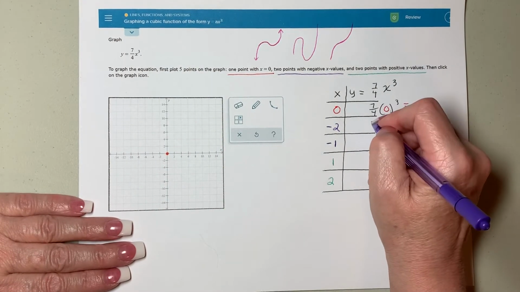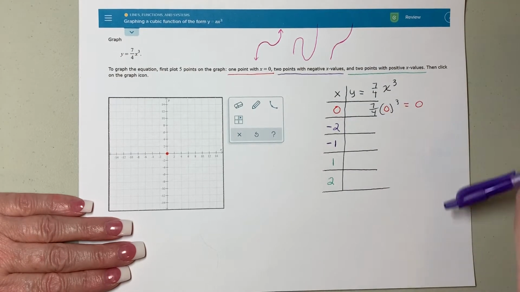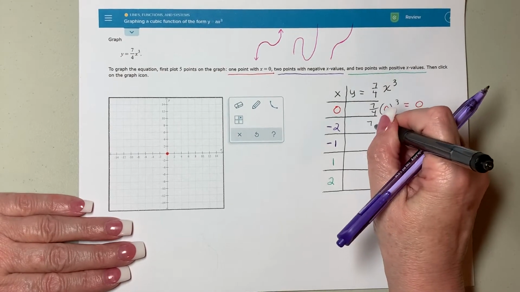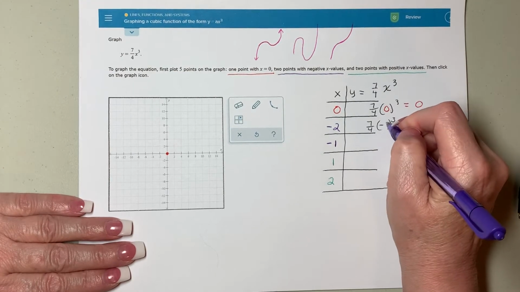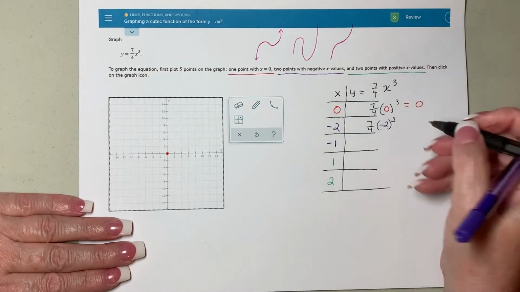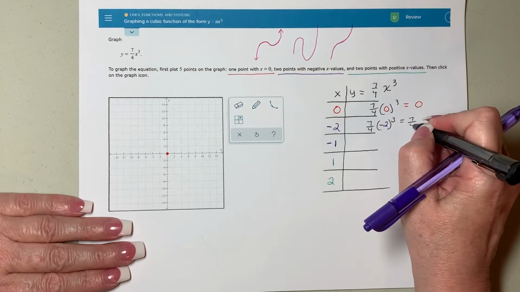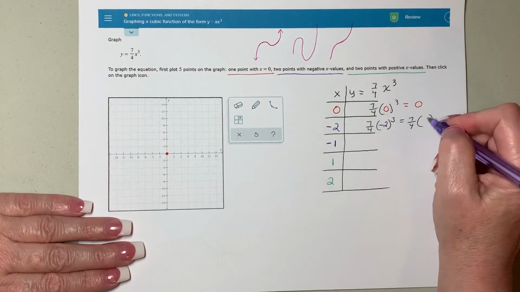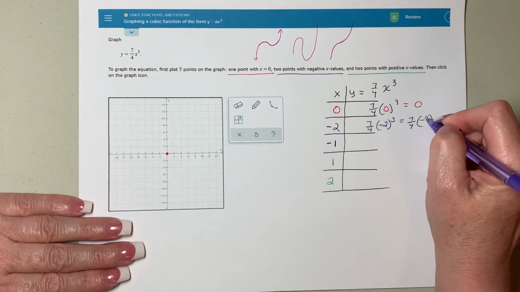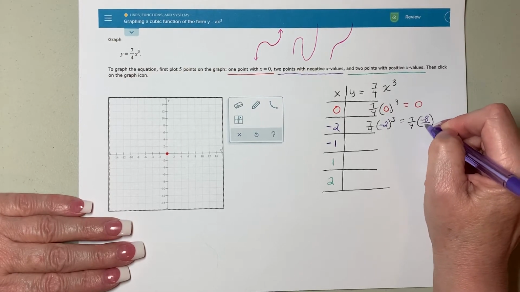For the next one, it's going to be 7/4 times -2 cubed. All right, that's going to be 7/4 times -2 times -2 times -2, which is -8, or -8 over 1.